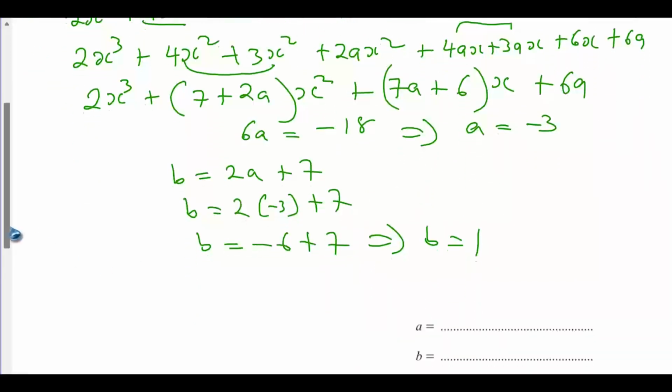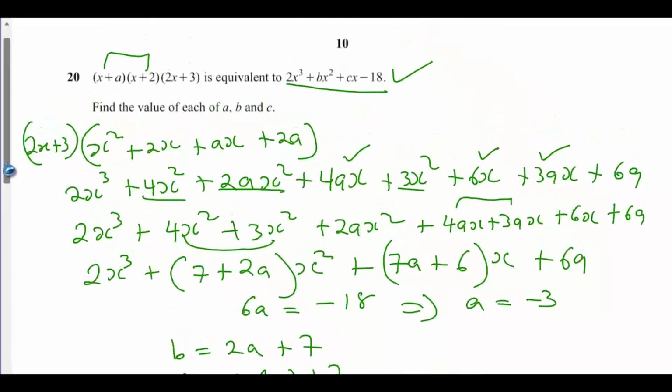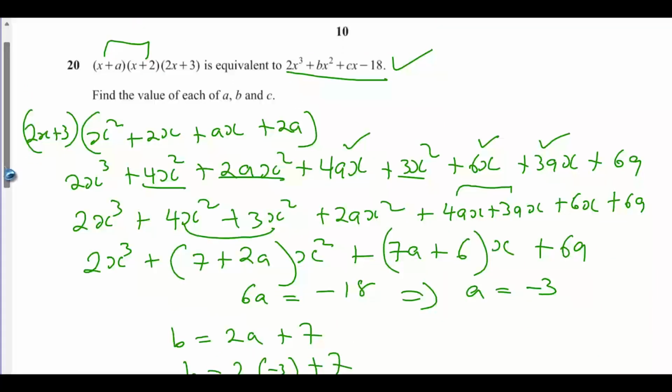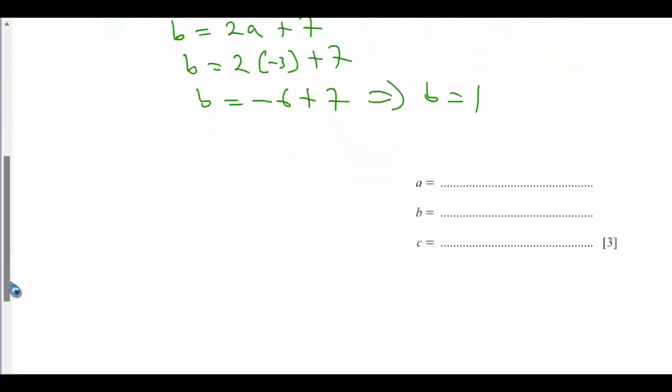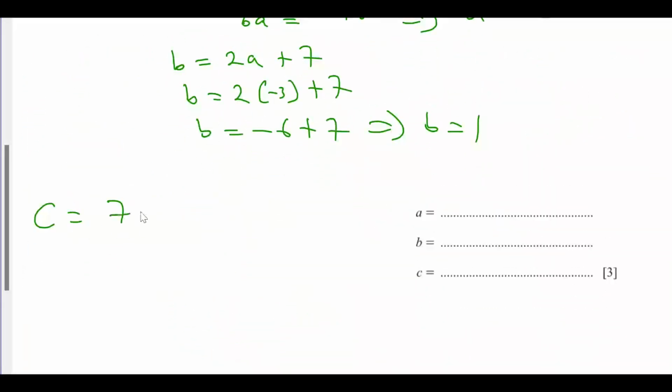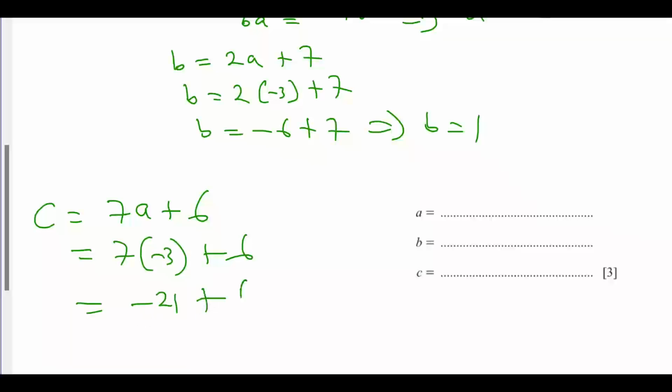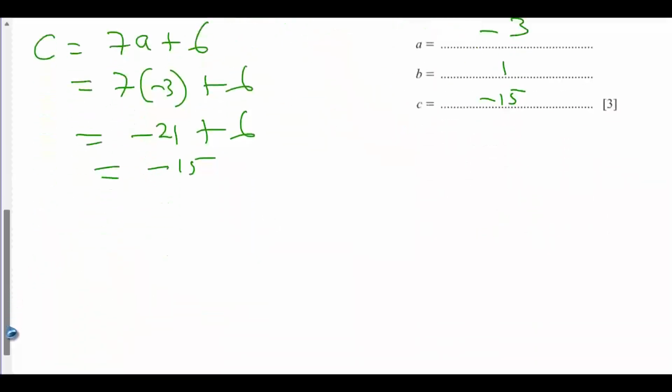And finally, you also see that c is equal to 7a plus 6. So this will be equal to 7 into a, which is negative 3, then plus 6. This will give us negative 21 add 6, and this will give us negative 15. So c is equal to negative 15, b is equal to 1, and finally a is equal to negative 3. So let's go to the next question.